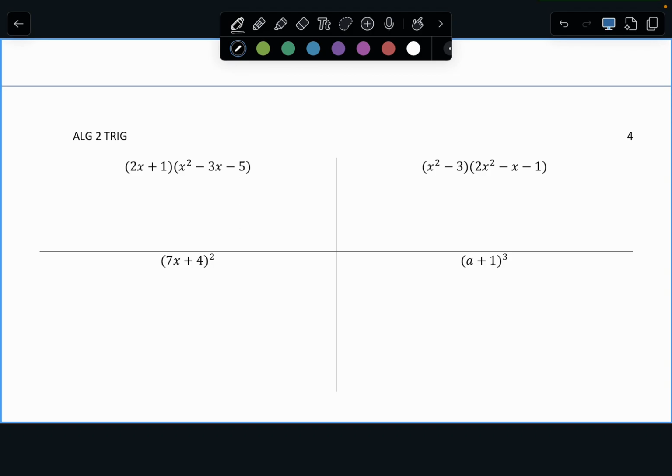Okay. Next ones are binomials times a trinomial. We do something very similar. We take each term of our binomial and we multiply it by each term of the trinomial. So if I look at just the 2x times x squared is 2x cubed.